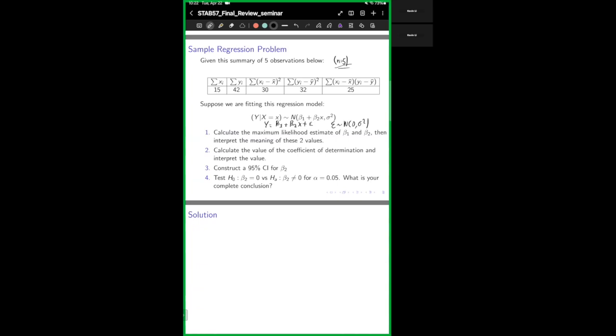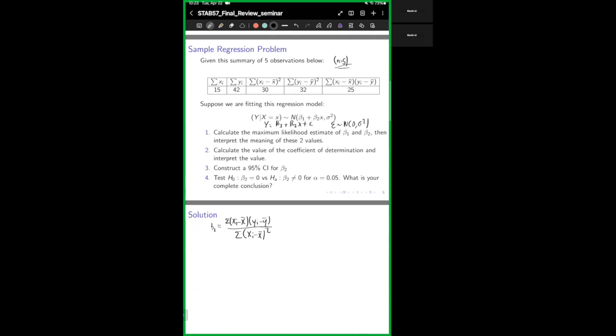To begin, our best value of b2, remember, is equal to the sum of xi minus x bar times yi minus y bar, over the sum of xi minus x bar, squared.